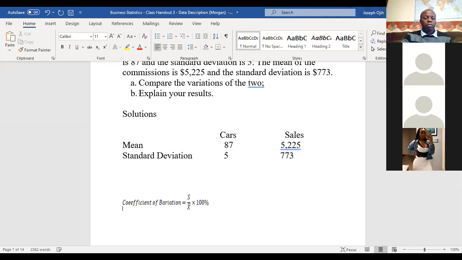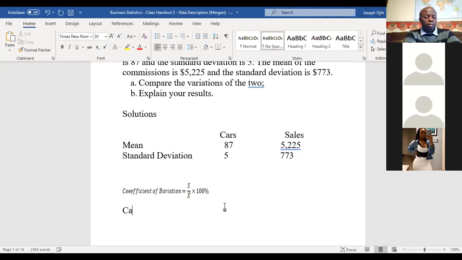So for car sales, the coefficient of variation, CV, equals the standard deviation, 5, over 87, times 100.